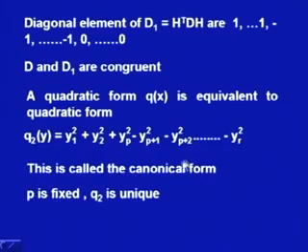This particular form is called the canonical form. So, when p is fixed, Q2 is unique. This is the result we have, and a given polynomial can always be transformed to the corresponding canonical form, and it is a unique form.